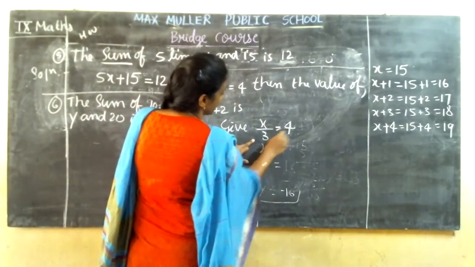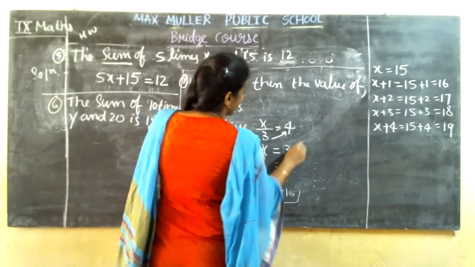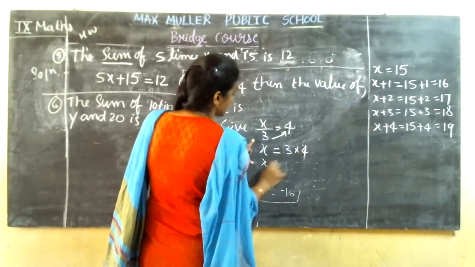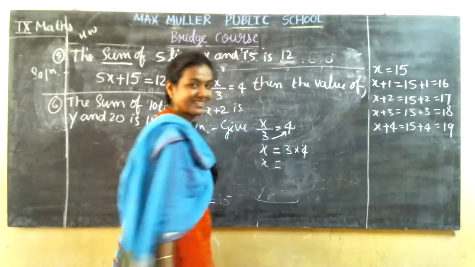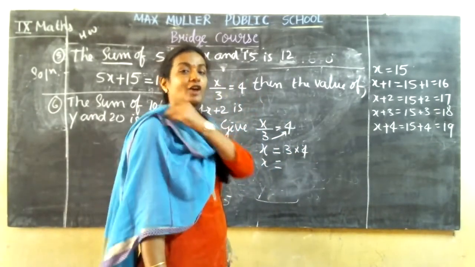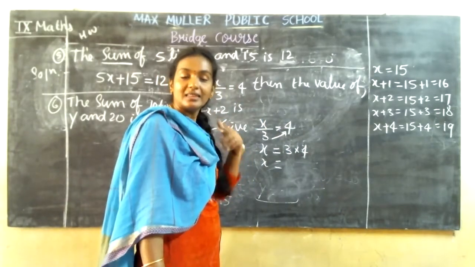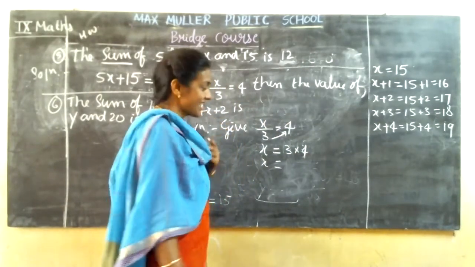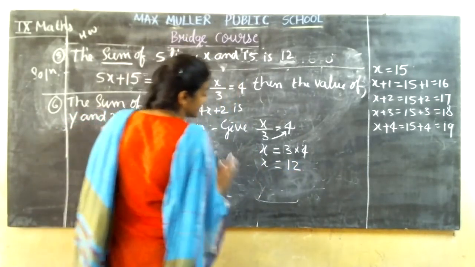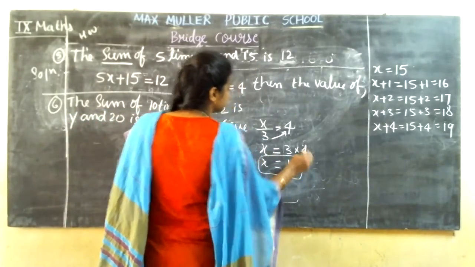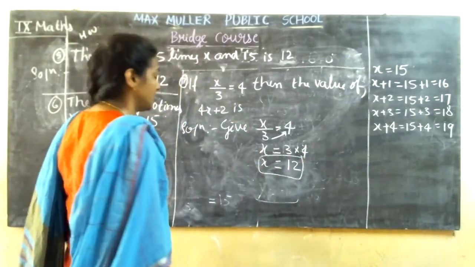How will we do it? We have to multiply these two, no? 3 into 4, so x is equal to what? 3 fours are 24? How much, children? 3 fours are 36? 3 fours are how much? 12. Yeah, I was just kidding. So 3 fours are 12 here.